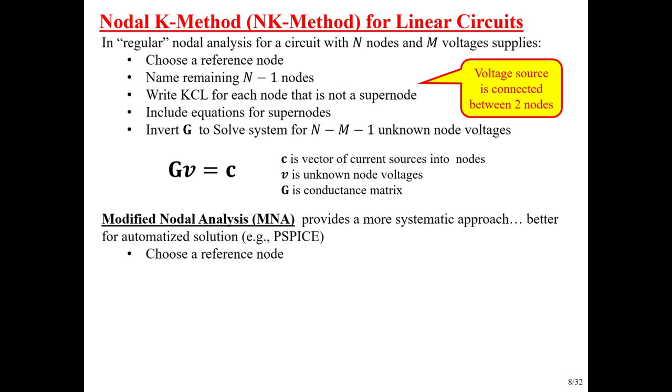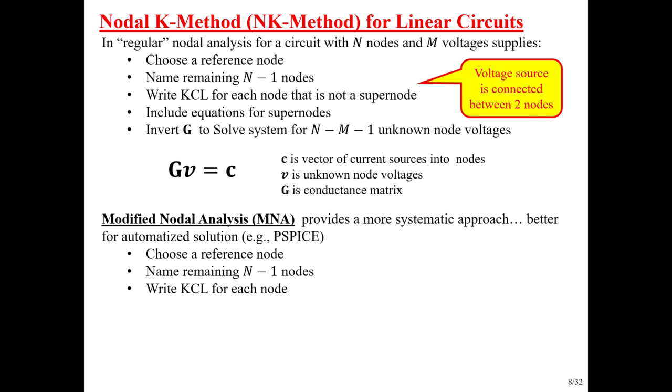So here's the idea. We're going to choose a reference node just like before. We're going to name the remaining n-1 nodes just like before. And now we're going to write a KCL for each node, not leaving out anything that's a supernode. So every node, we'll write a KCL for.